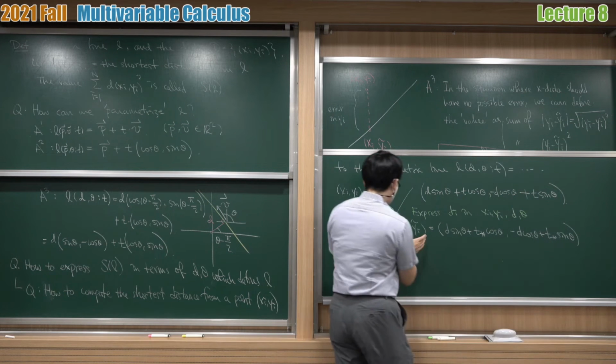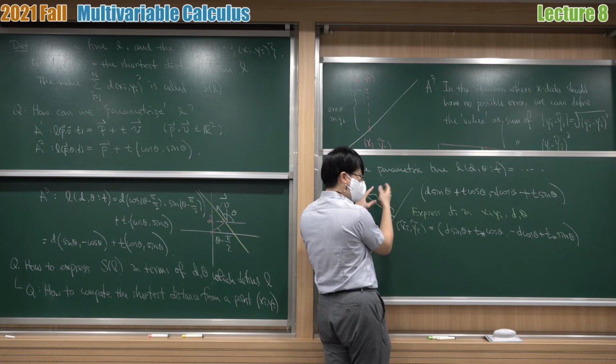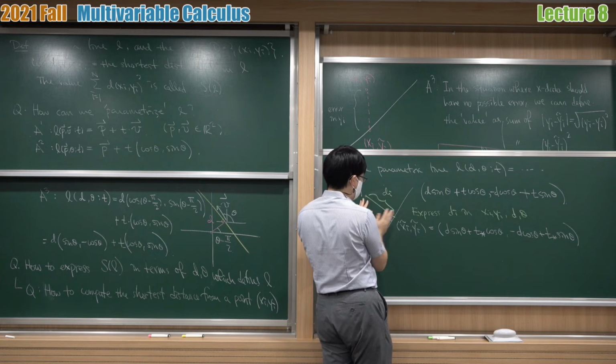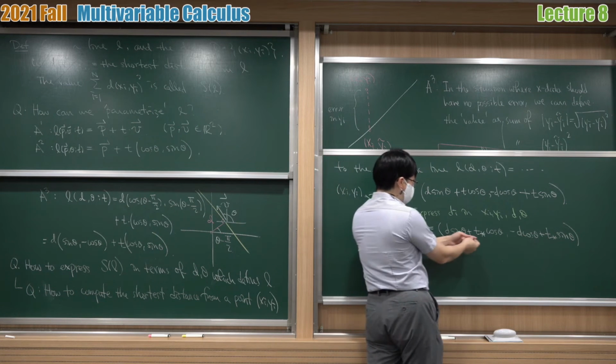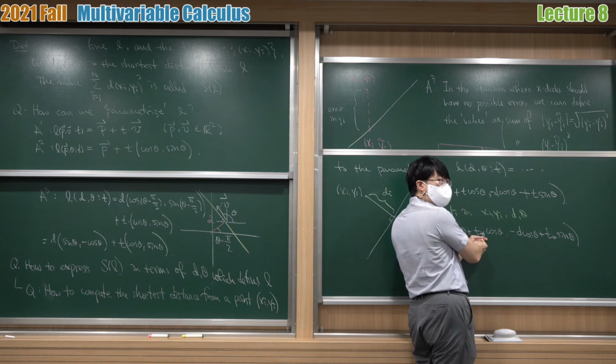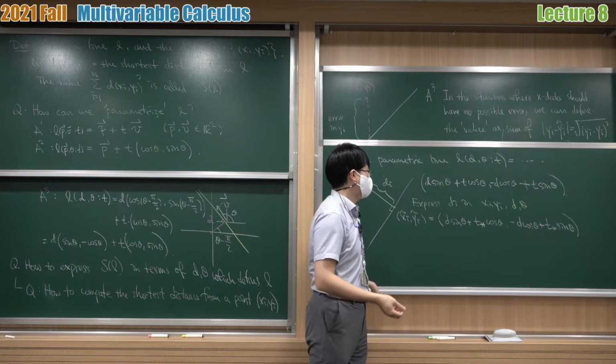In order to find the distance, if you know this point, then we're done. We just take the Pythagorean rule. And also, in order to find this point, you only need to find t star, right? So how do you find t star now?